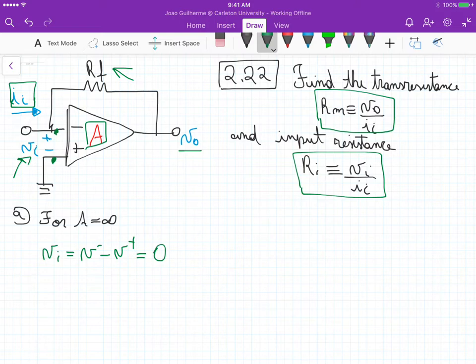So we can define the output voltage for this circuit as V out equals the input current Ii times the feedback resistor RF, because there's no current entering the op amp. So this entire current Ii flows through RF, and V out is equal to that current times RF.